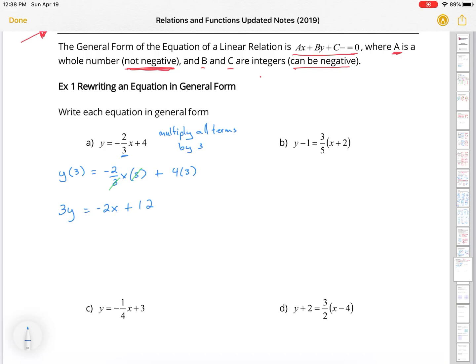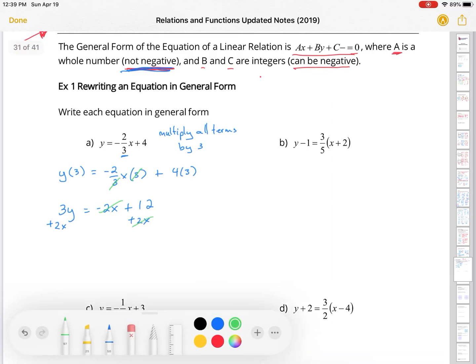Now, remember it says here that a is a whole number and it is not negative. So we're going to move the 2x over to the other side, and we're also going to move the 12 over, but we'll do that in the next step. So we're going to add 2x to this side and to this side. On this side here, it will subtract out.